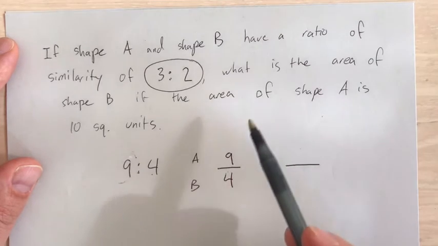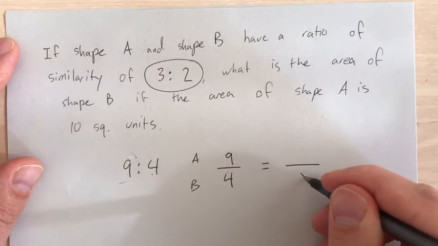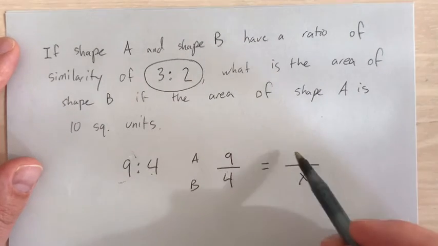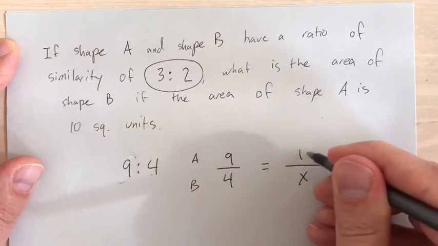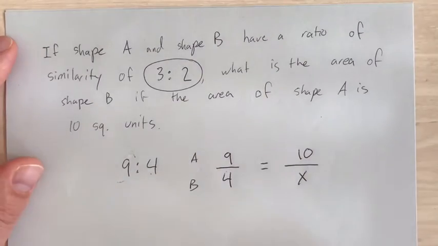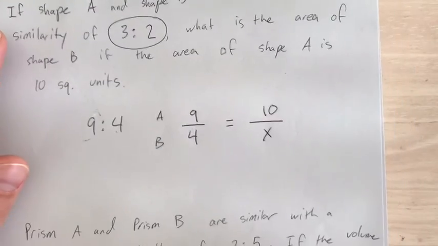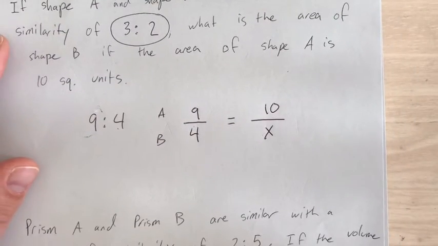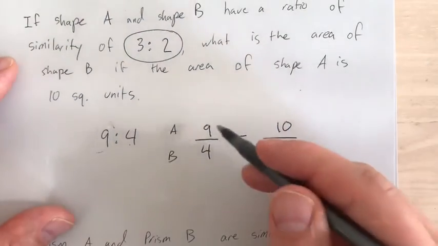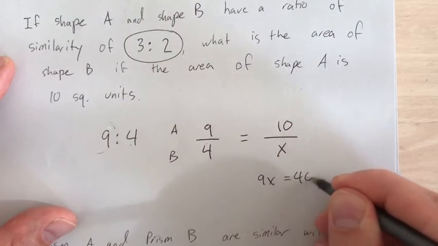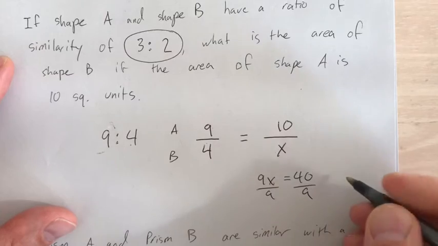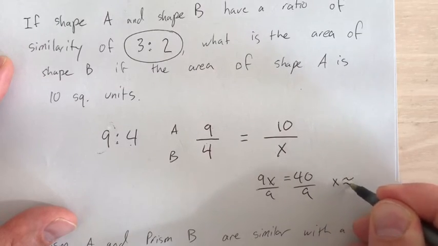Now it says, what is the area of B? So I don't know what the area of B is, so I'm going to put an X for B. And then on top, which is the A information, we know that it's 10 square units, so I'm going to put a 10 up here. Now I have a nice cross multiplication problem that would allow me to solve for this problem. So 9 times x, 9x, 4 times 10, 40, and then dividing by 9 on both sides would help me solve for x.